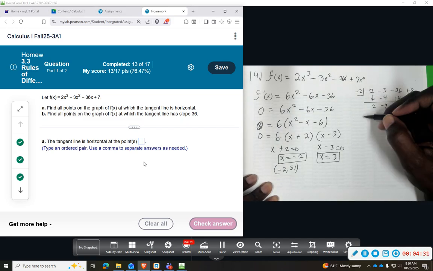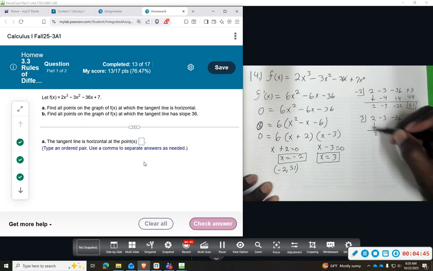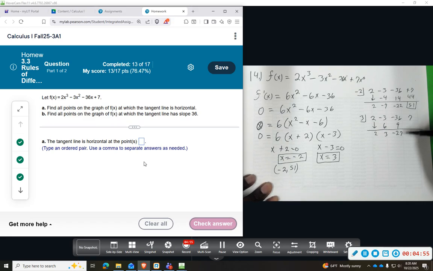And then if we do the same thing with 3, bring down the 2, 3 times 2 is 6, subtract, we get 3, 3 times 3 is 9, subtract, negative 27, 3 times negative 27 will give us negative 81, and then subtract, and that will give us negative 74.